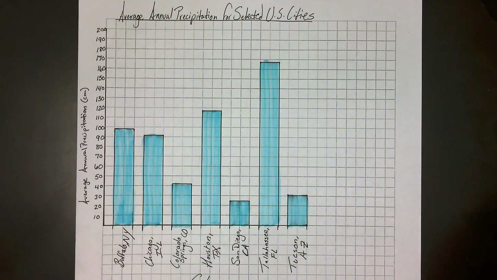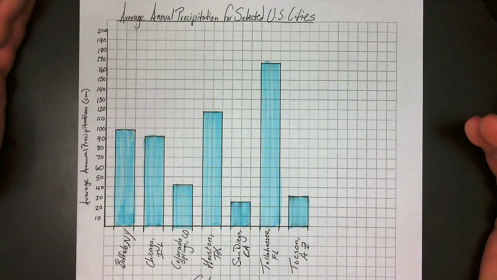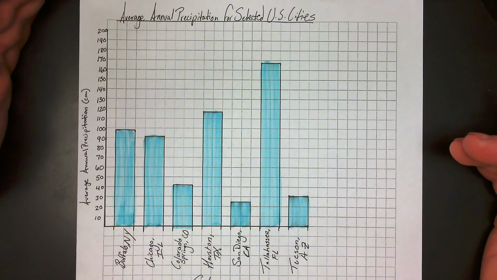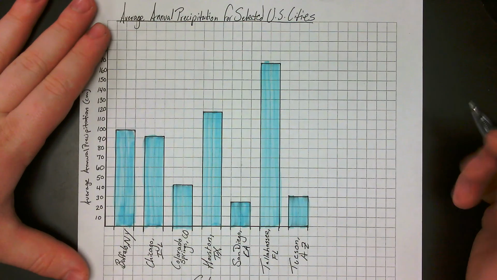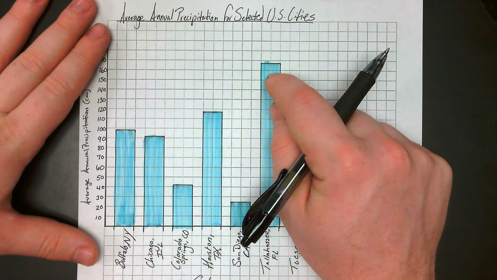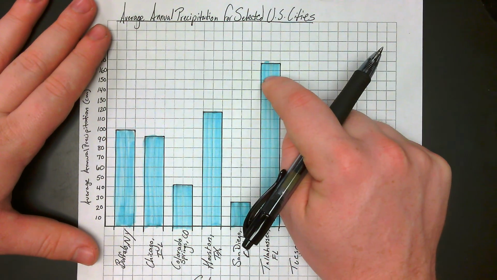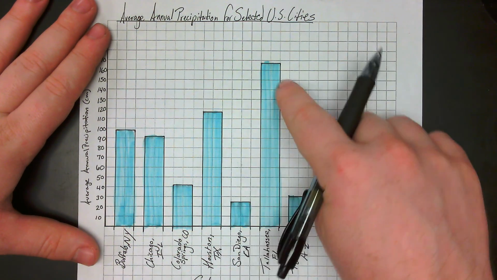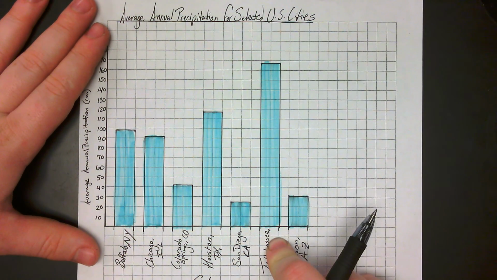Okay, one last thing. This is a completely optional thing. Something that a lot of people do with their graphs, and sometimes with bar graphs, depends how busy they want to make it. Some people will actually write the values that this represents at the very top. So, for instance, Tallahassee, I'm going to pick on them.